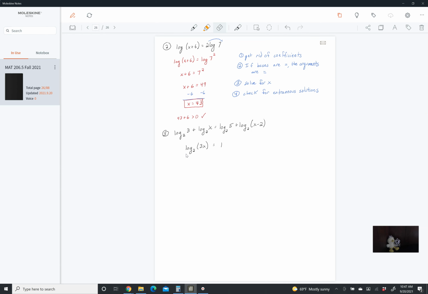I'm going to rewrite this so that you can tell the difference between the solution and the question. So we have log base 2 of 3x is equal to log base 2. And here we just multiply again. So 5 times x minus 2.